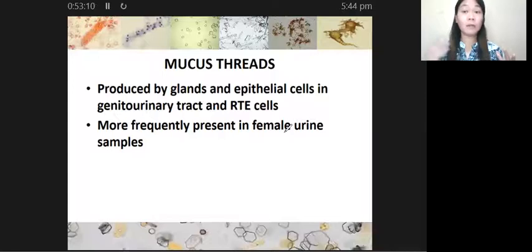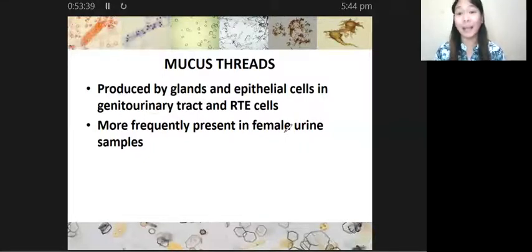In practice, pag epithelial cell, mas nagko-cause yan ng turbidity among our female patients. Okay? So pag female yung patient natin, turbid yung urine sample niya, expect ang dami niyang squamous epithelial cell. Okay? So pag kunwari naman turbid yung urine sample from a male patient, expect naman a lot of mucus threads.